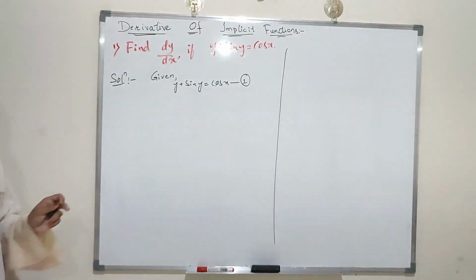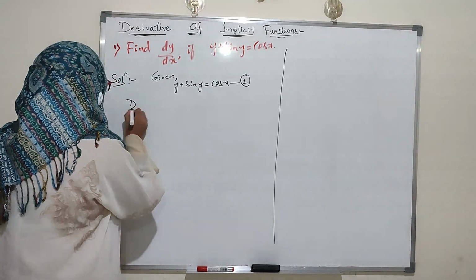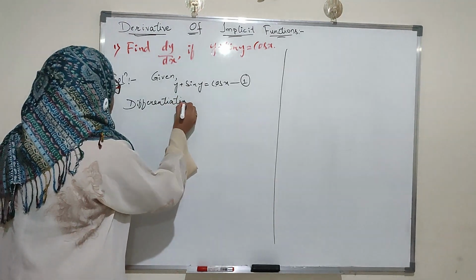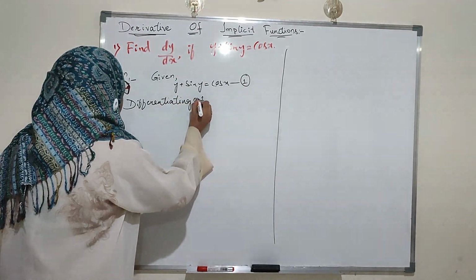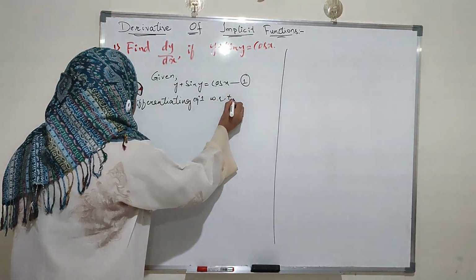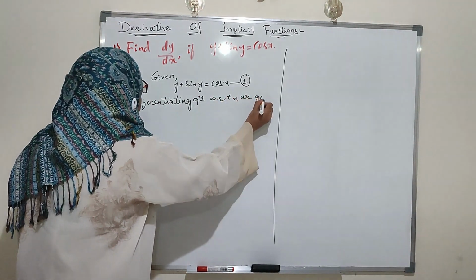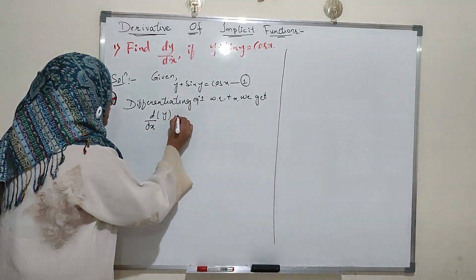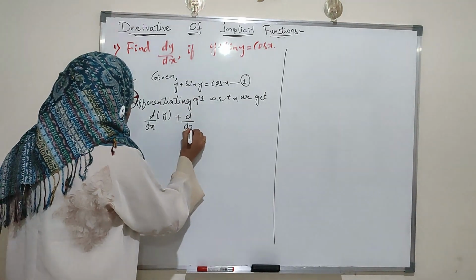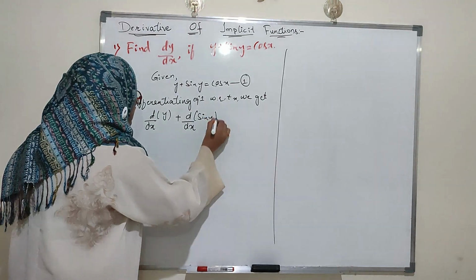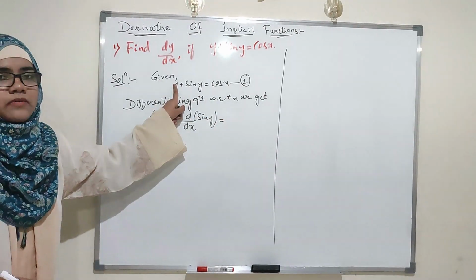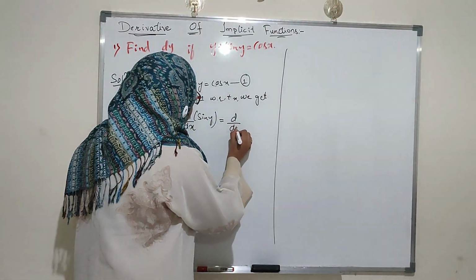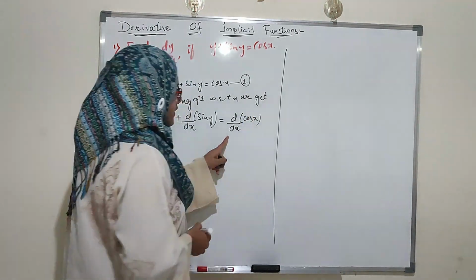Now differentiating equation 1 with respect to x, we get d by dx of y plus d by dx of sin y is equal to d by dx of cos x: differentiation of y with respect to x, differentiation of sin y with respect to x, and differentiation of cos x with respect to x. Okay.